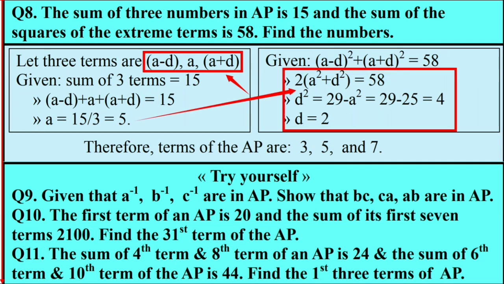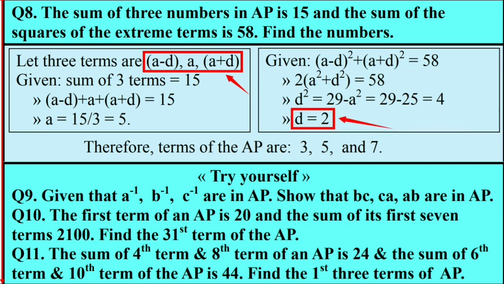We simplify the equation by replacing a with 5 as obtained earlier, and after further simplification we get the value of d, and that is 2. Now with the value of a as 5, that is the middle term, and the value of d as 2, the common difference, we obtain these three terms as 3, 5 and 7.